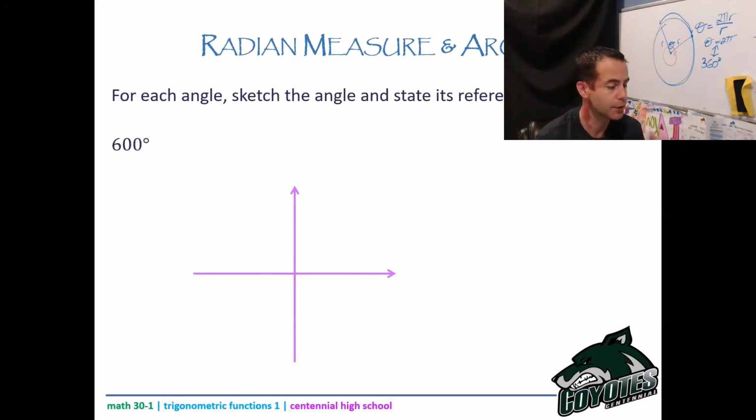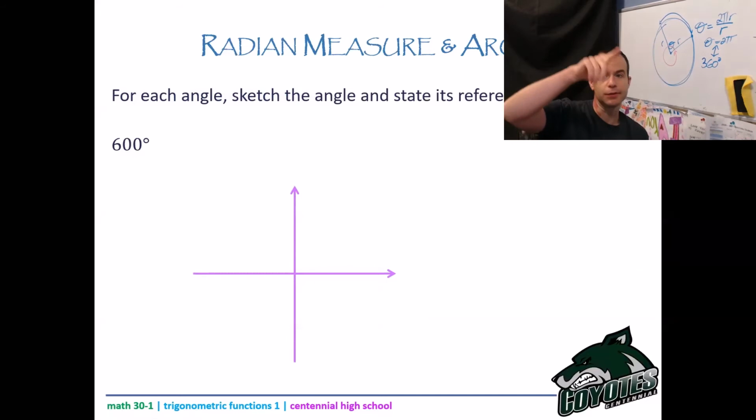Okay, 600. So you have rotated more than a circle there. So you need to think, okay, I'm going to go 360 degrees, and then how much more will I go? Well, 600 minus 360 will give you 240. So essentially I have to draw a 240 degree angle here, but I have to show that it's 600 degrees. And where I show that it's 600 degrees is that rotational arrow, okay?